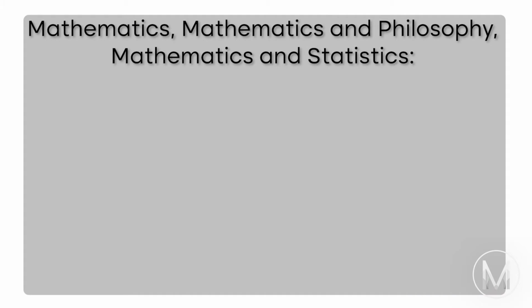For example, if you're applying to the University of Oxford in 2022, you have to attempt the following questions depending on your degree. If you plan to take mathematics, mathematics and philosophy, or mathematics and statistics, you should attempt questions 2, 3, 4 and 5.